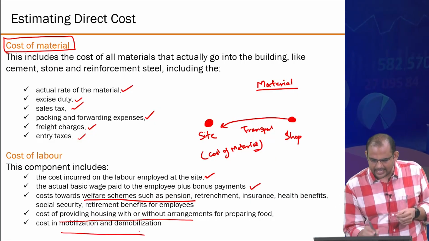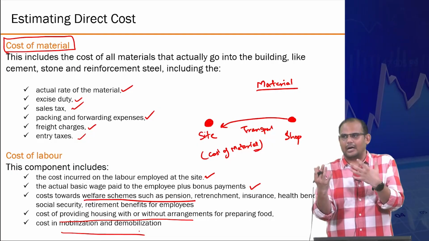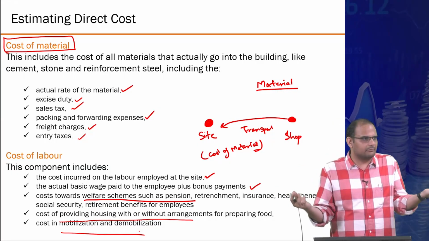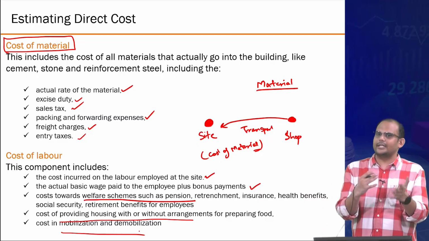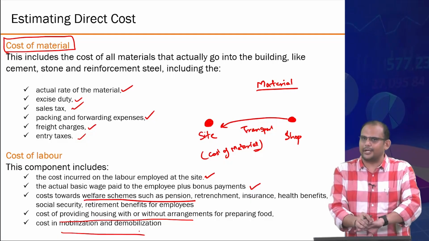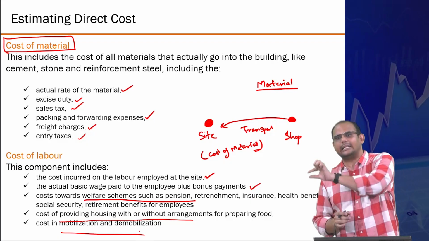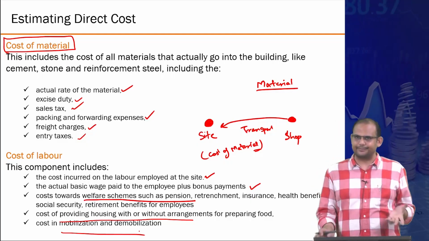And sometimes there is mobilization and demobilization, in a way that you need to bring, let's say, 100 laborers from a particular place to here. Now they could ask how will we come? You need to arrange a transportation vehicle, maybe a bus or whatever. So all this is in general attributed to a direct labor cost instead of tracking each of them separately, so that your life becomes a little bit easier, right?